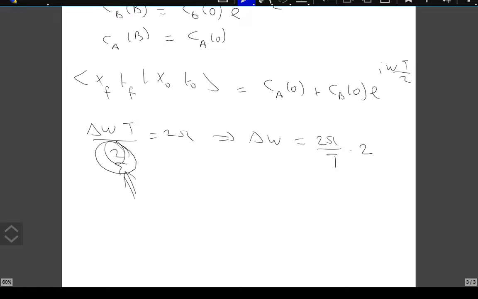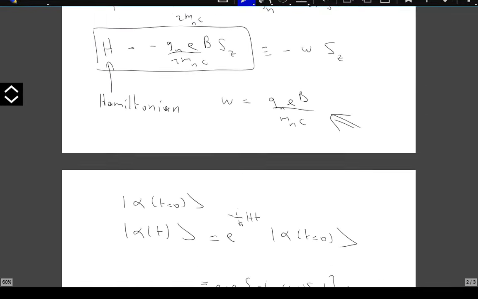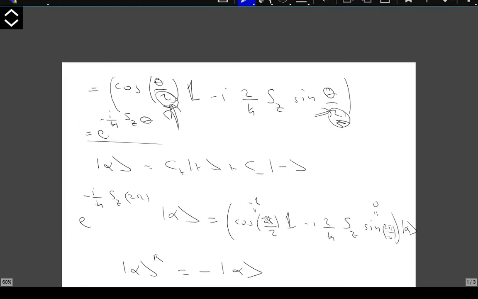This theta over 2 over here is valid for spin 1/2 systems. Since it is rotating by theta over 2, it is a rotation by 4 pi, which causes my system to go back to the initial state. A rotation by 2 pi turns out to be not enough.